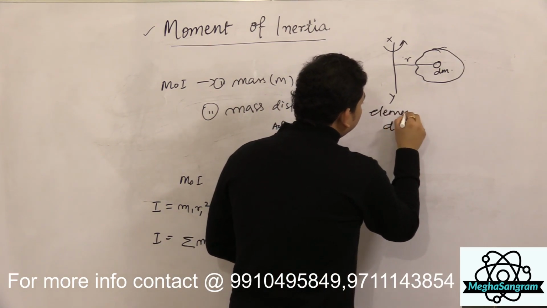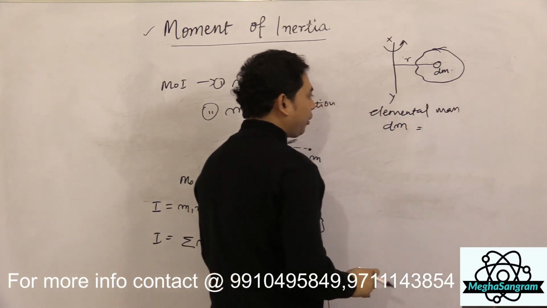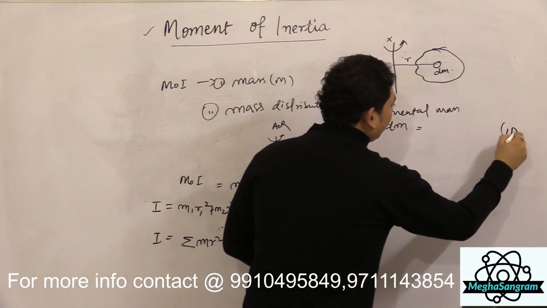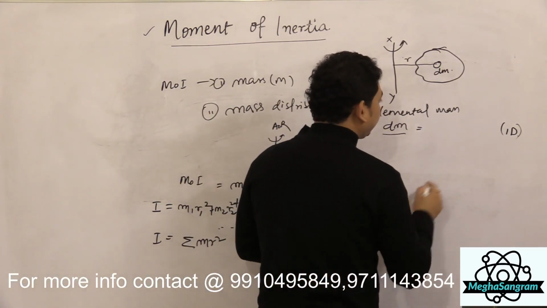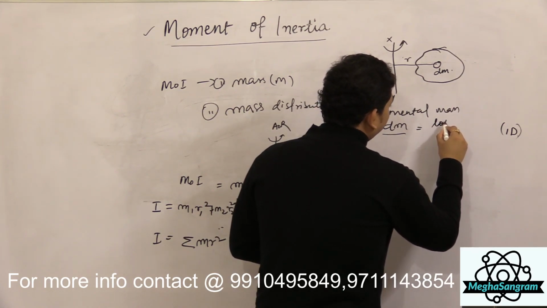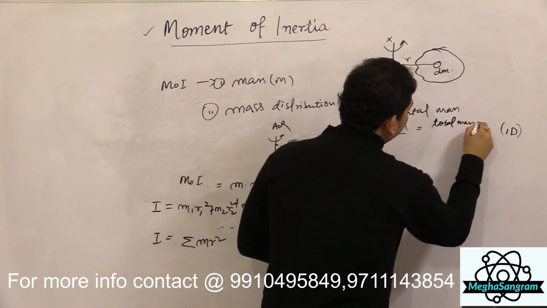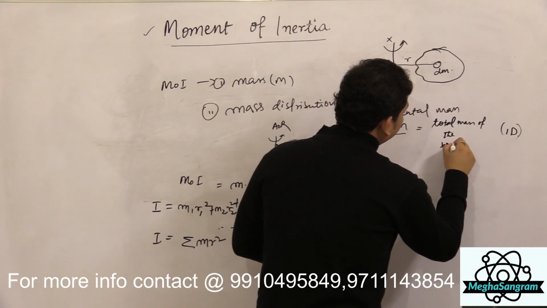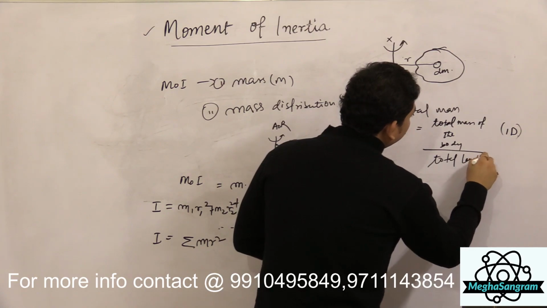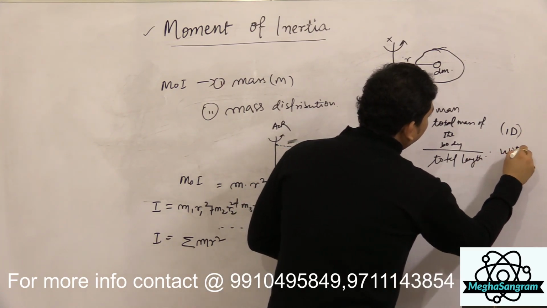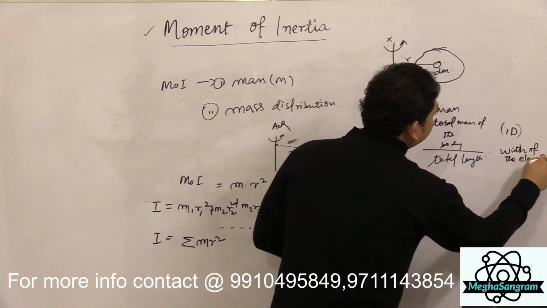So here elemental mass dm is equal to, for a one dimensional body like a rod, this elemental mass can be calculated by following this formula: total mass of the body divided by total length, multiplied by width of the elemental mass.